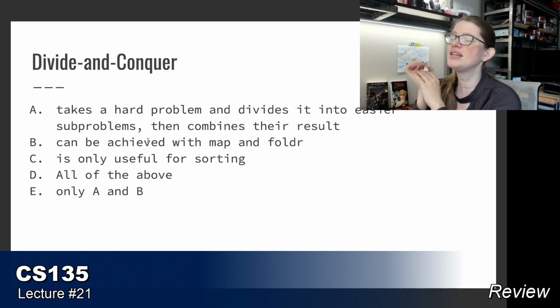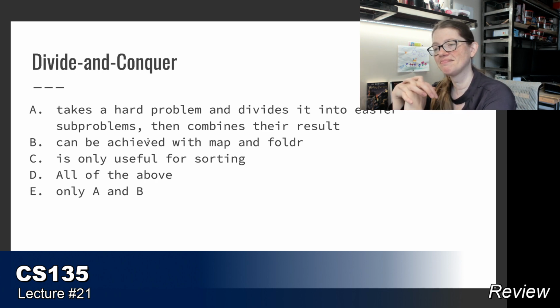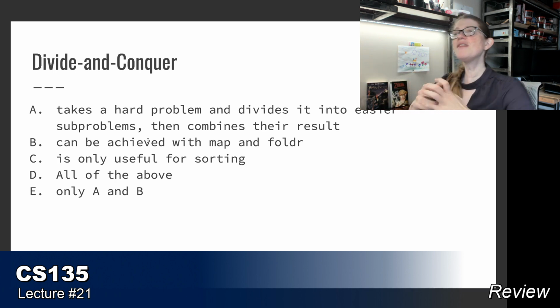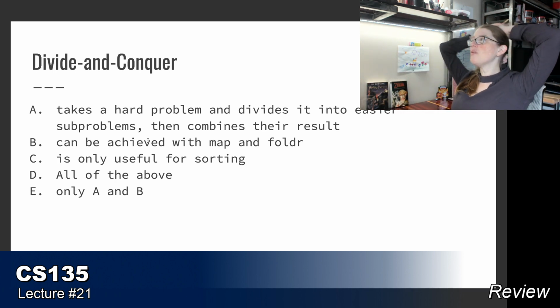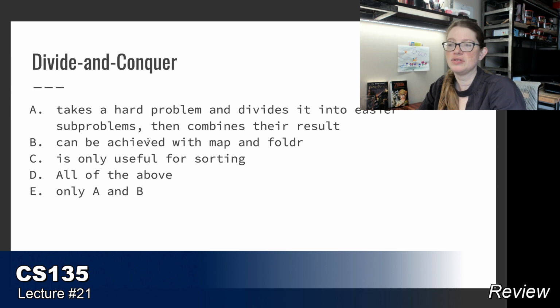Now that might be a tempting one to think is true, but actually that's not true. Divide and conquer is actually useful everywhere. Think of it this way. Suppose I want to play with an image. An image has a lot of little pixels, millions of pixels.